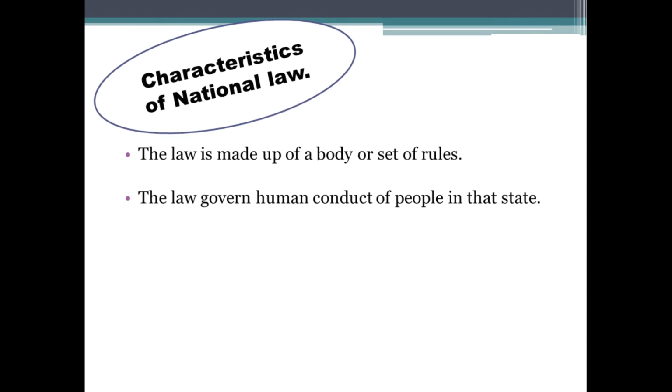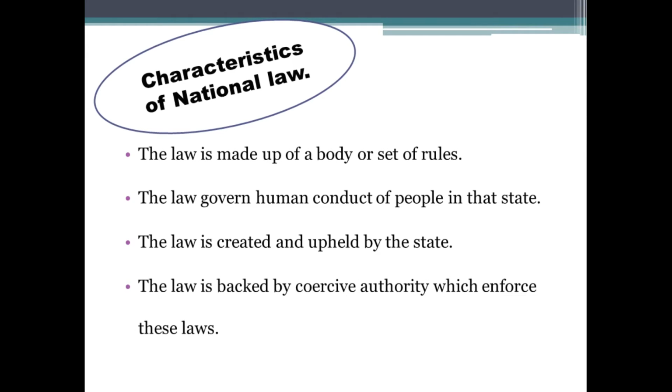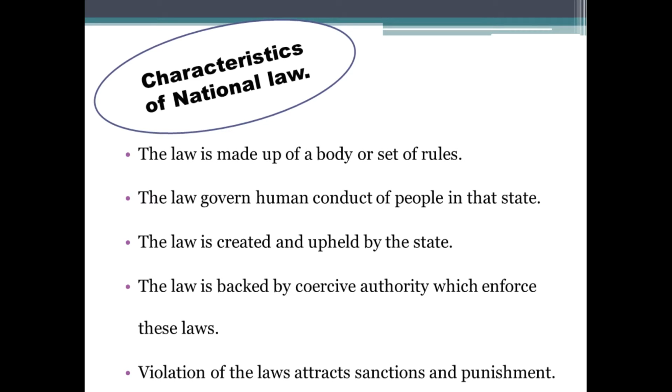The laws govern human conduct of people in the state, as what must be done and what must not be done is highlighted in law. The laws are created and upheld by the state as the state manages law creation and its maintenance. The law is backed by powerful authority which enforce the laws like police and the courts. Then lastly, the violation of laws attracts sanctions and punishments.